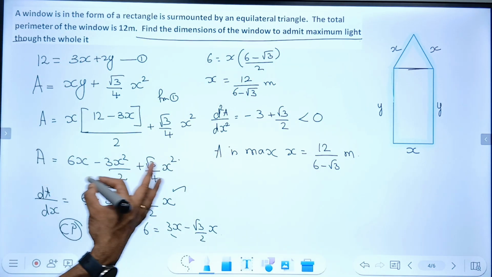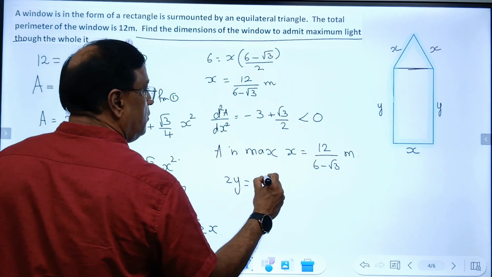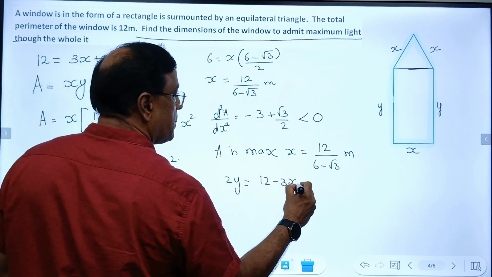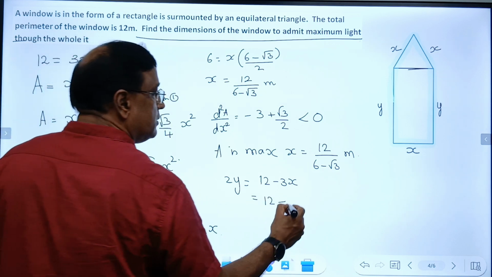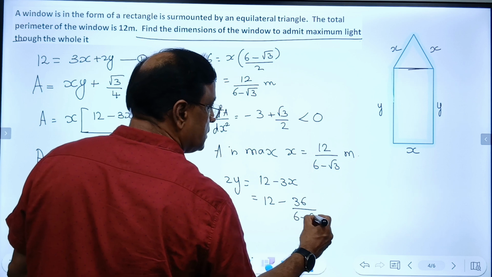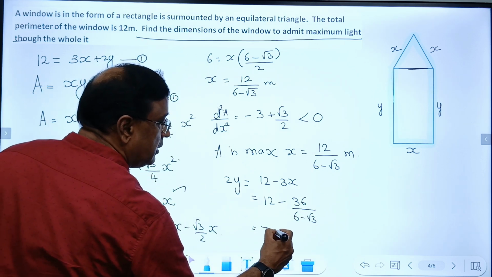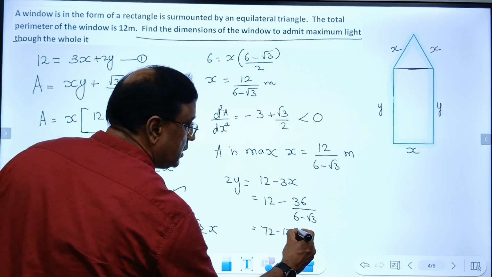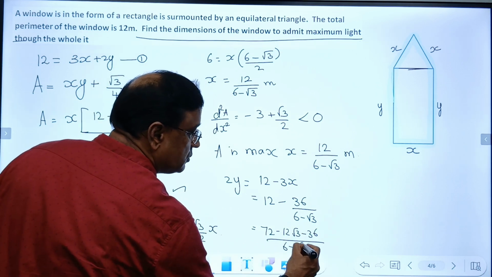Now I want to find y. So what is 2y equal to? 12 minus 3x. So this is 12 minus, what is 3x? 3x is 36 divided by 6 minus root 3. Now take LCM, we get 72 minus 12 root 3 minus 36 by 6 minus root 3.